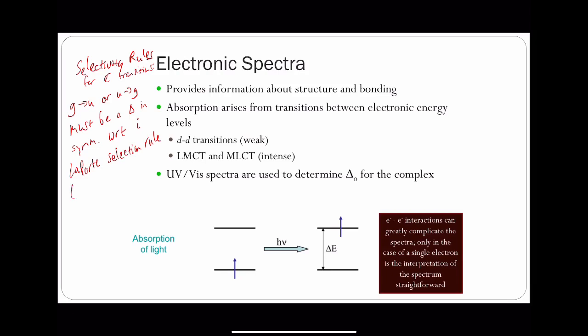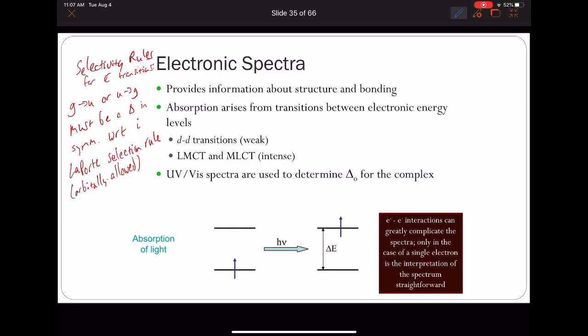Transitions that obey the Laporte selection rule are referred to as orbitally allowed, or Laporte allowed. Our other selection rule is that we must maintain spin multiplicity.